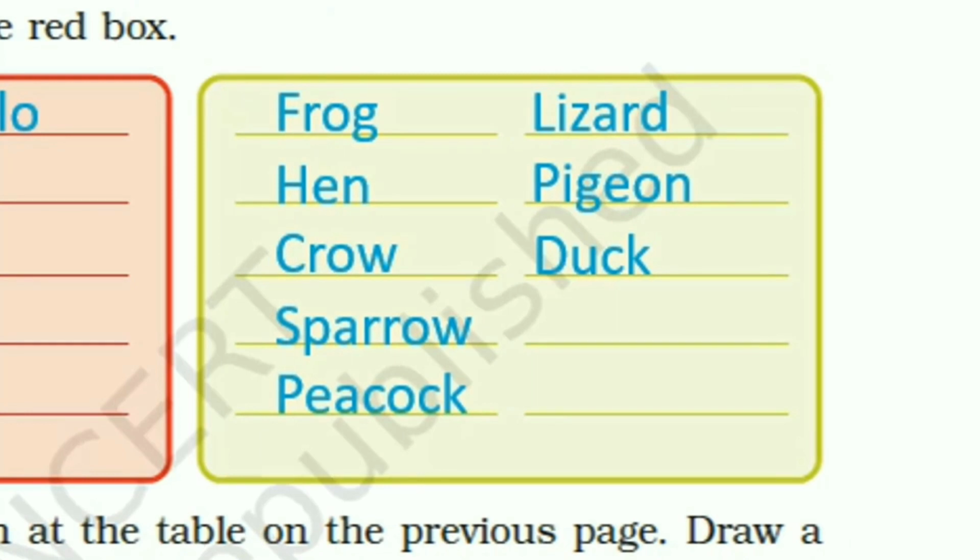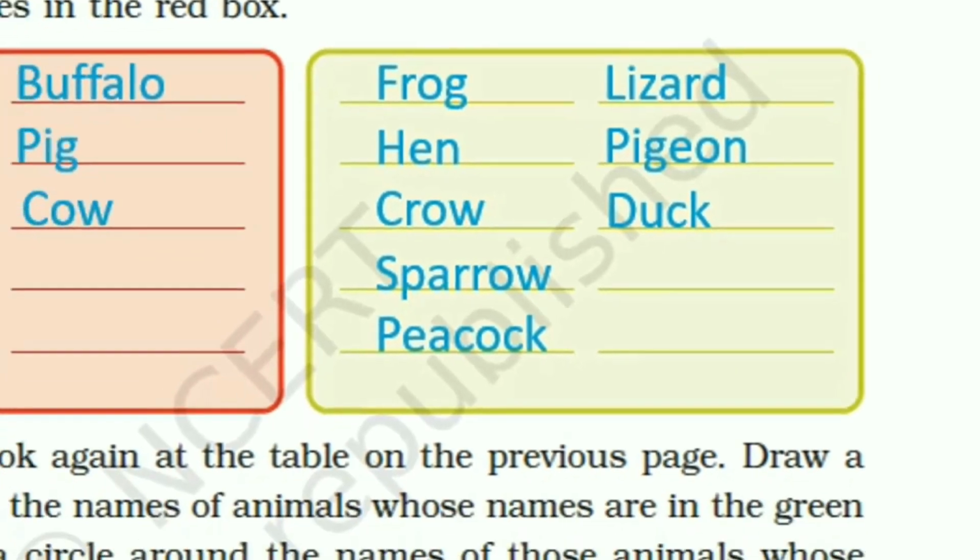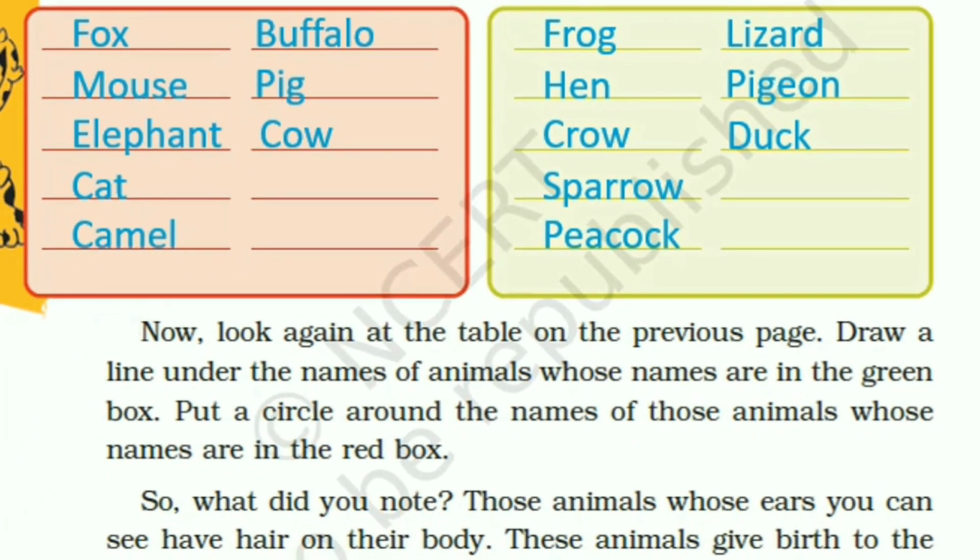Okay, students? So, now coming to the questions, what they have told us. Now look at the table on the previous page. Draw a line under the names of the animals whose names are in the green box. Put a circle around the names of those animals whose names are in the red box.